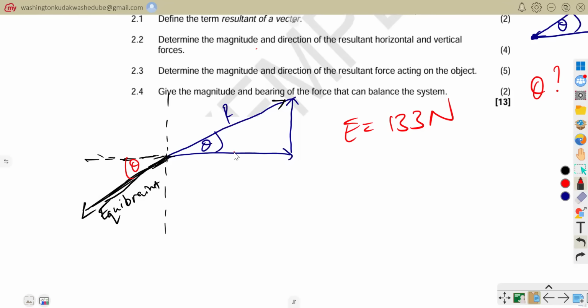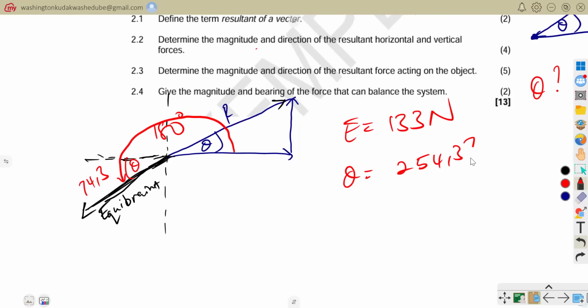But in the direction of what? Using the bearing, we start from here going to the direction. You can see that from here to here is a straight line. So this is 180. 180 plus theta, which is 74.37, will give you what? It will give you 254.37.